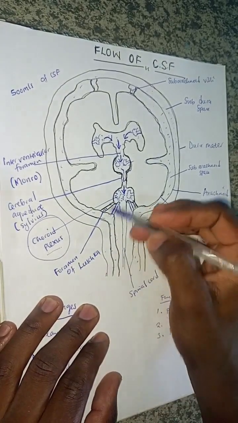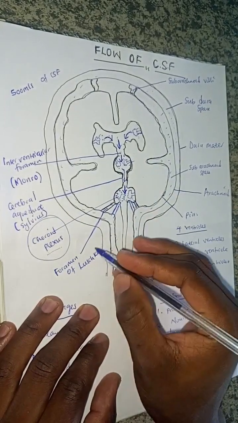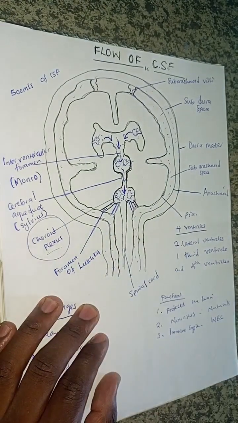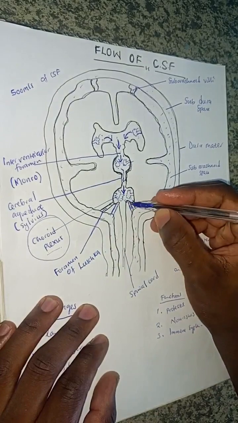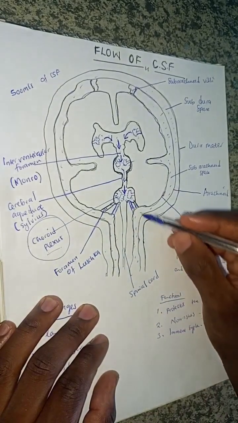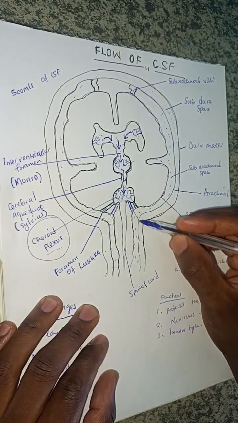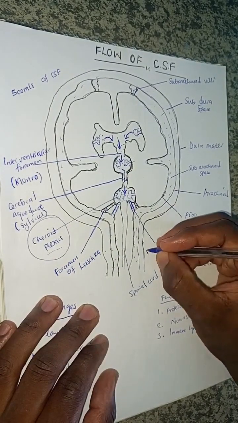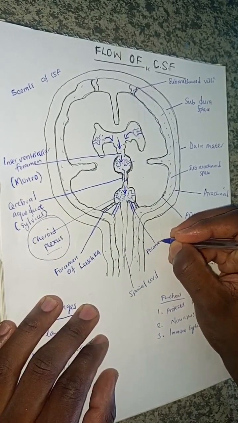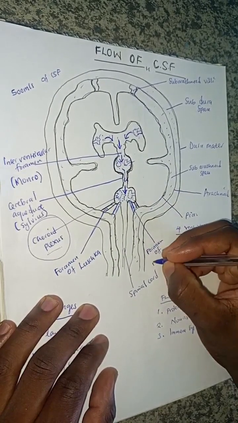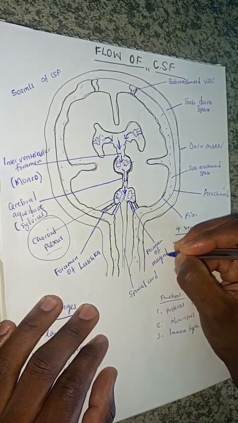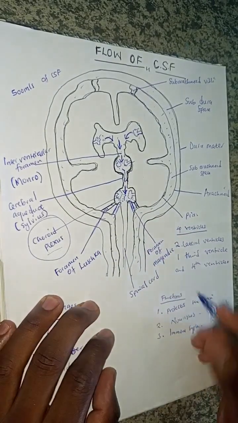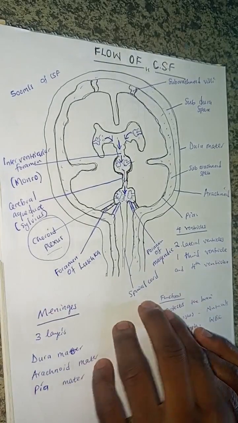L for lateral, foramen of Luschka, they are found on the lateral side. Then the one on the middle part here, we call it foramen of Magendie. M for middle, foramen of Magendie.